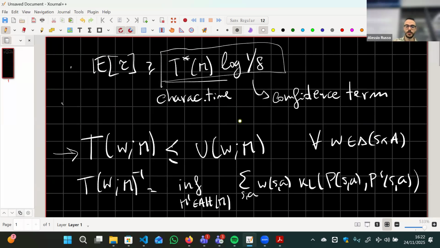So what we're going to do now is to treat this relaxation as the new characteristic time. So now what we want to do is to find an algorithm that is going to be asymptotically optimal with respect to U, not with respect to T anymore.